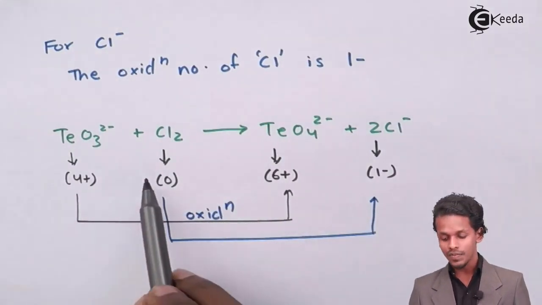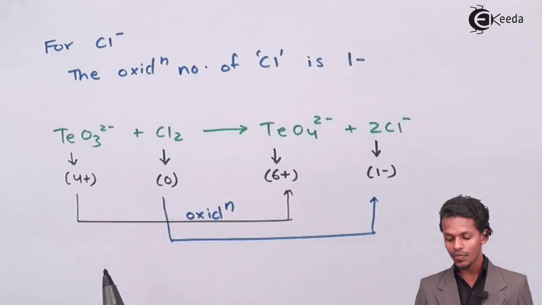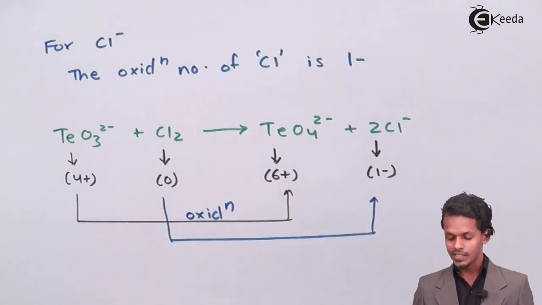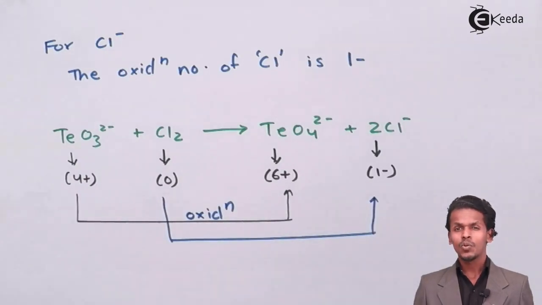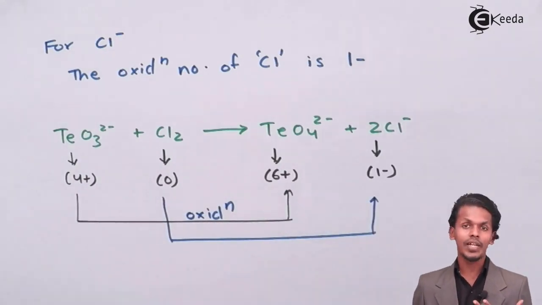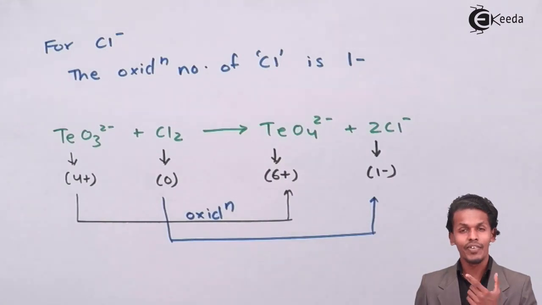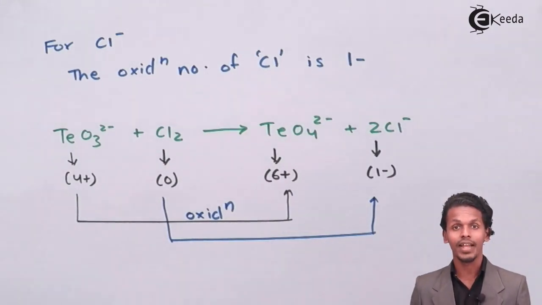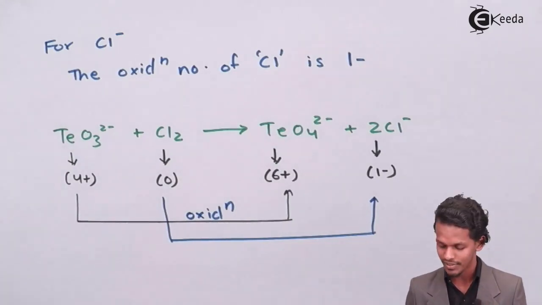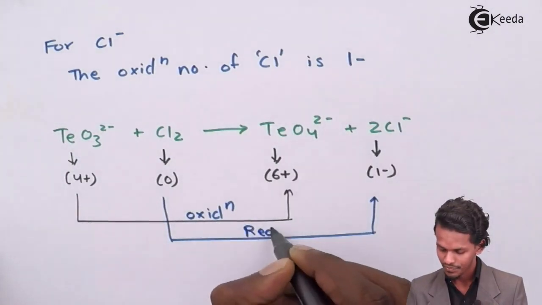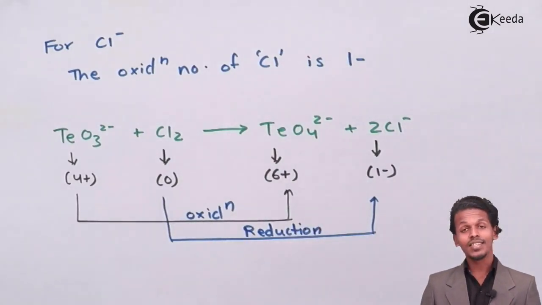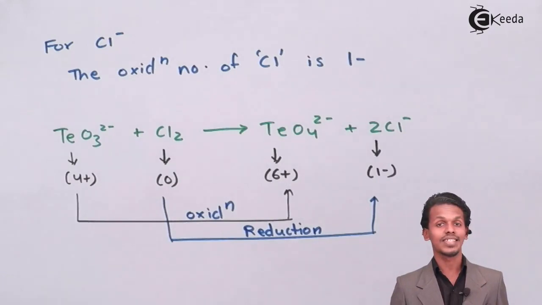But when I observe the oxidation number of Cl, which is converting from 0 to 1 minus, this will only be possible if it takes 1 electron, and if it takes 1 electron, it means the gain of electron has happened, and the gain of electron is nothing but reduction. So this is how we have confirmed that the given reaction is a redox reaction.